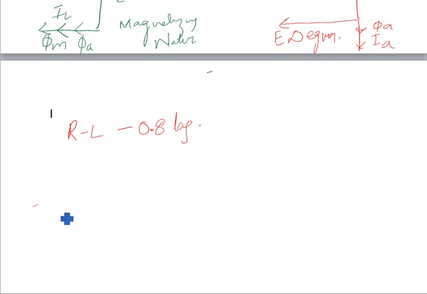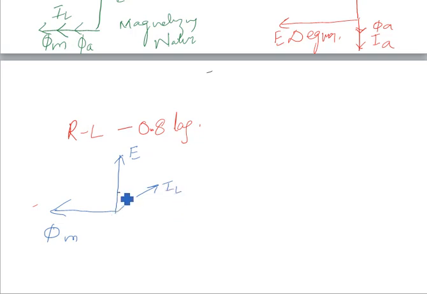For a generator, first comes phi m, and then E lags phi m by 90 degrees, right? And as the load is inductive, the current lags E by the angle for 0.8 power factor, so it will be like this, IL.